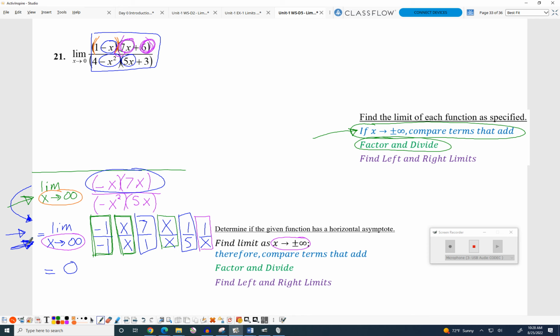If x is negative infinity, this is still going to equal 1. This is still going to equal 1. The whole thing's going to approach 0. So you can write down the answer now, which is, as x approaches infinity, y approaches 0. As x approaches negative infinity, y also approaches 0. So we have a horizontal asymptote at y equals 0.